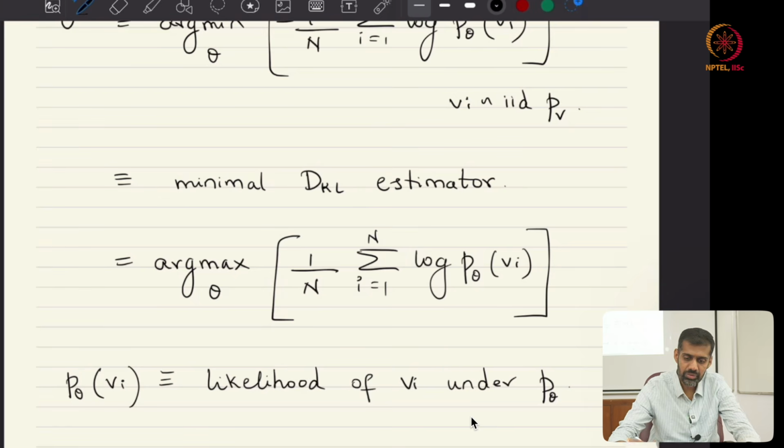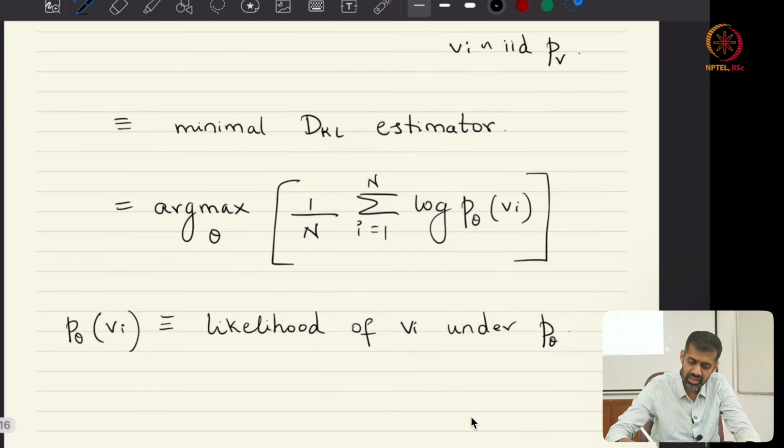Now what is this? We are trying to find an estimator theta that would maximize the likelihood of all data points under the model. That is one other interpretation of this, and that is why this estimator is also called the maximum likelihood estimator.